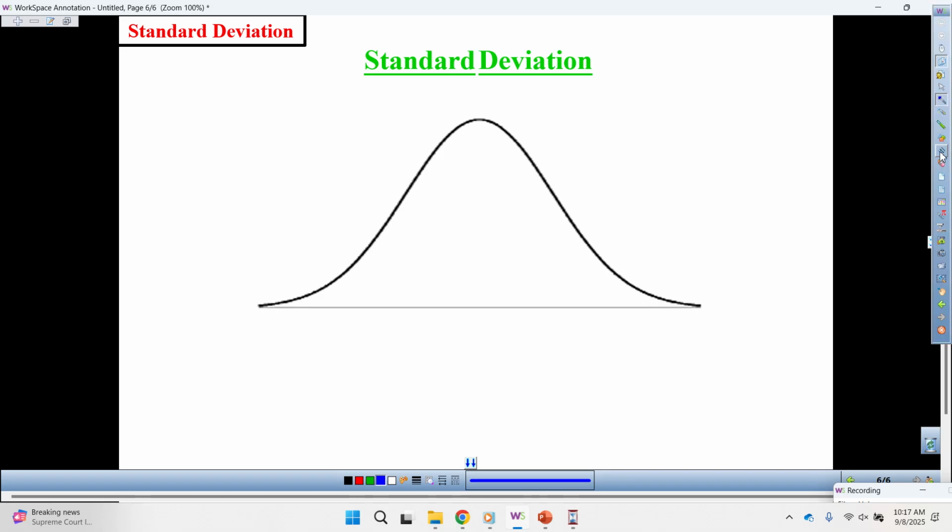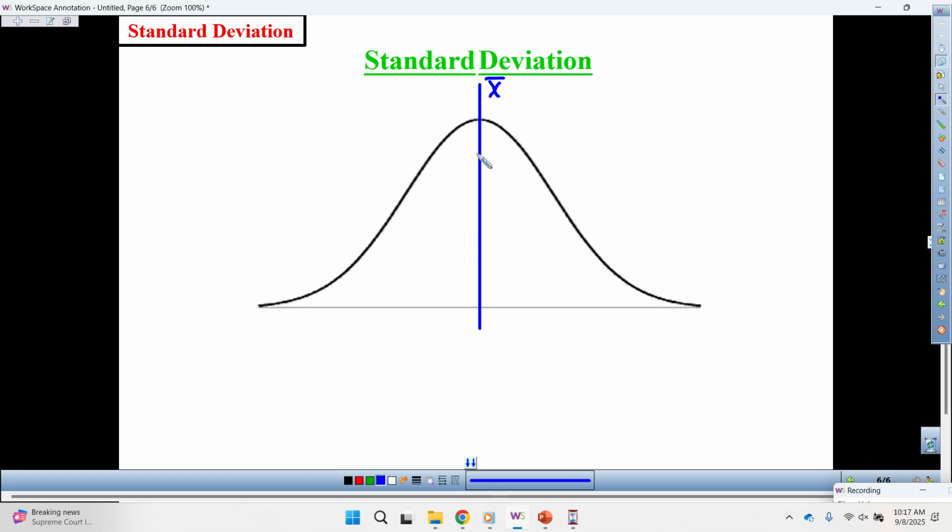First things first, we need a line straight down the middle, like so. And I'm going to label that X bar. Tell your neighbor what that means. Yeah, the mean. There you go.